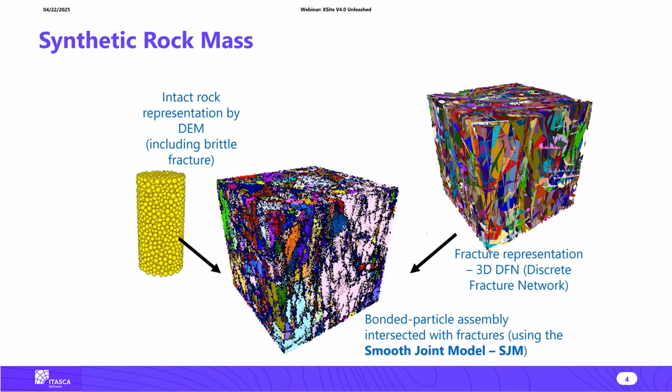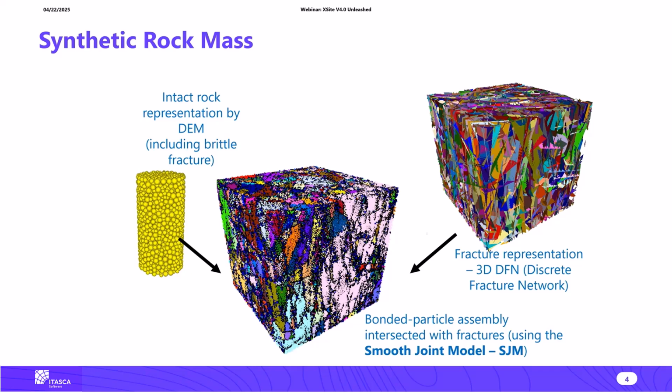Lattice is a simplified version of the PFC. Now, if we represent the discrete features, pre-existing fractures, using the smooth joint model in this bonded particle model, we have what is illustrated here in this slide in the middle, a synthetic rock mass representation.